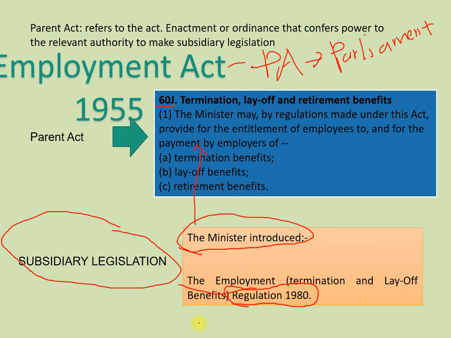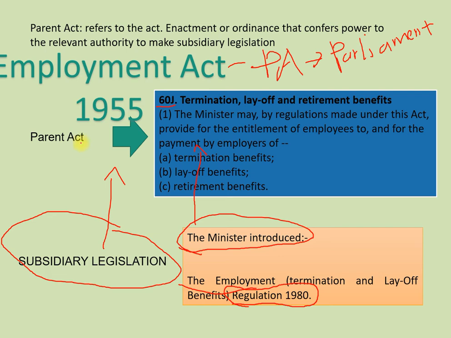This subsidiary legislation is named as a regulation under the Employment Act, the termination and layoff benefit regulation. I think it is very simple, right? Subsidiary legislation is subject to the Parent Act.